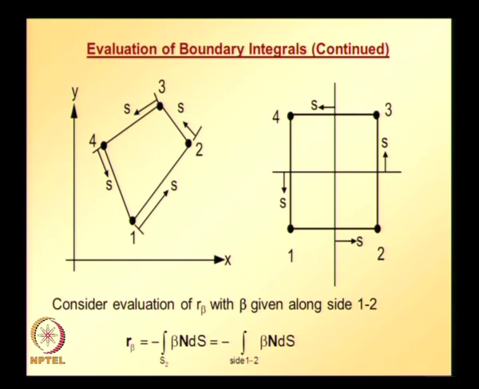R beta is the integral of beta N dS, capital S, sorry, d capital S. Here we will illustrate the procedure by taking side 1 2, which is why it is written side 1 2 there.